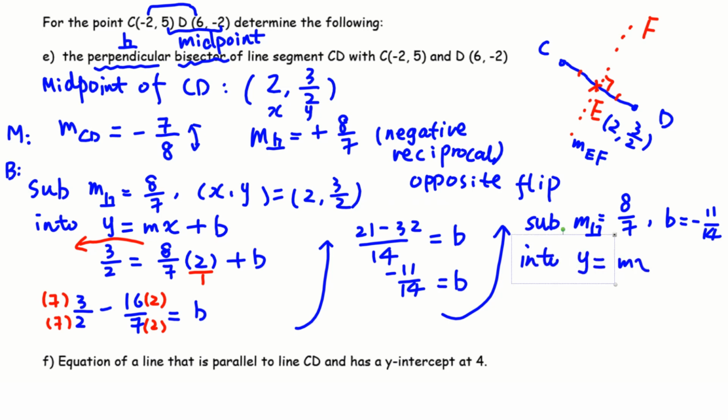Then you have the equation of the perpendicular bisector: y equals 8 over 7 x minus 11 over 14. Then this question is done. It didn't say you need to convert it to standard form, so just leaving it in slope y-intercept form is good. This is the slope, b is the y-intercept.